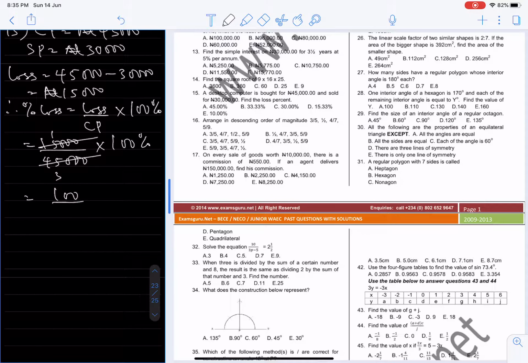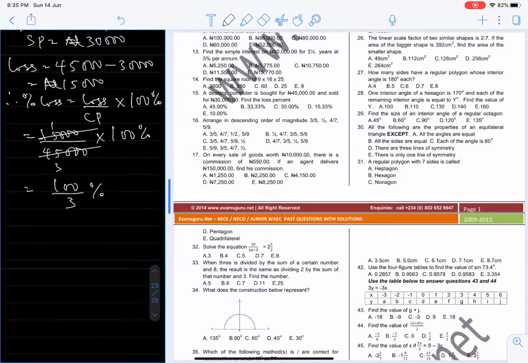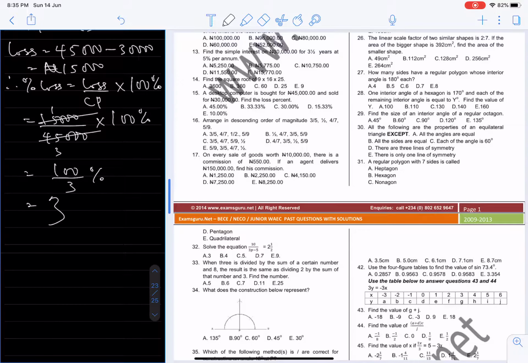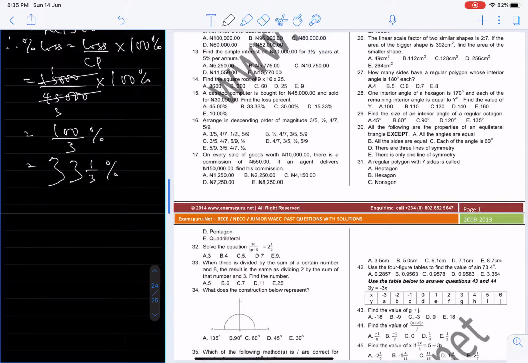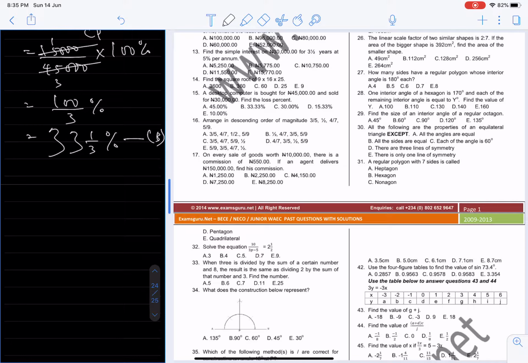That's 100 over 3%, which is the same as 33 whole number 1 over 3%. And of course, that's the same as 33.33. The correct option is B. 33.33%.